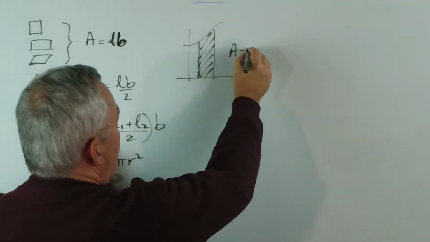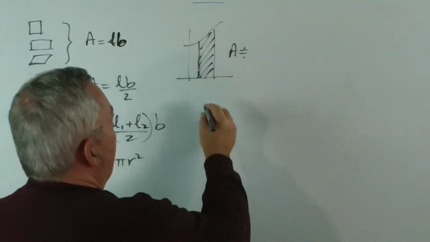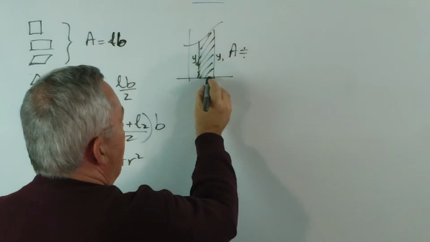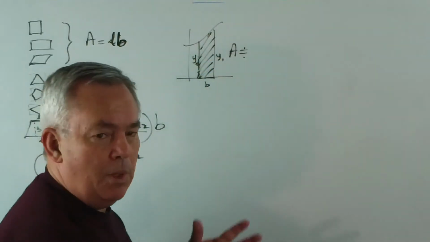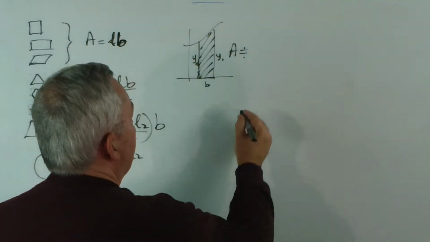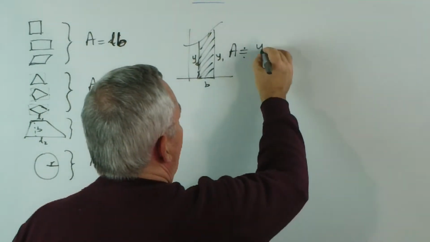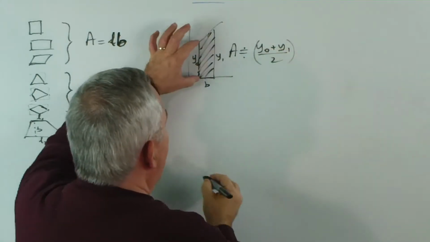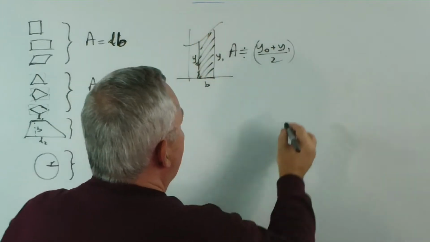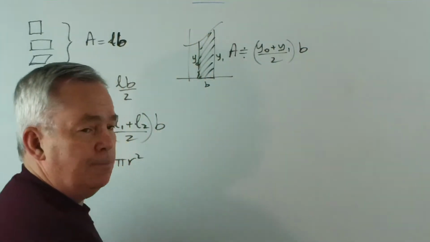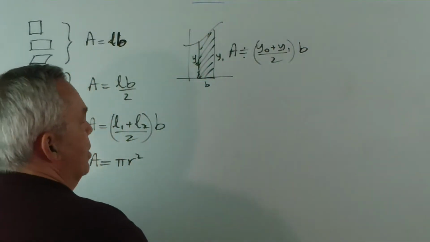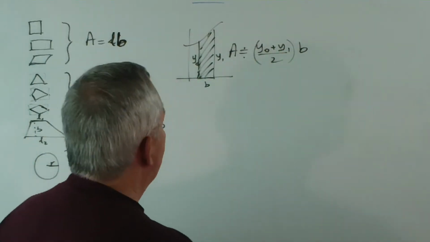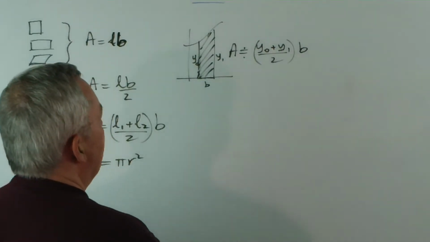We'd say the area is approximately, if this was y0 and y1, and this here was the breadth, or width or height, whatever you want to call it, it would be y0 and y1 divided by 2, in other words the average length or the average ordinate value times the breadth. That's not the standard way textbooks show it, but I was trying to get the concept across that it's length times breadth, or average length times breadth.